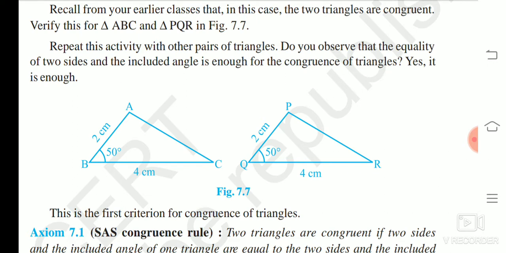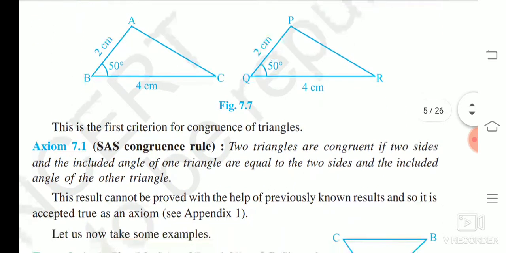So these two triangles we are going to tell congruent using these three data. So these three data are enough to write congruence of the triangles, right? That's why we are going to write the axiom.